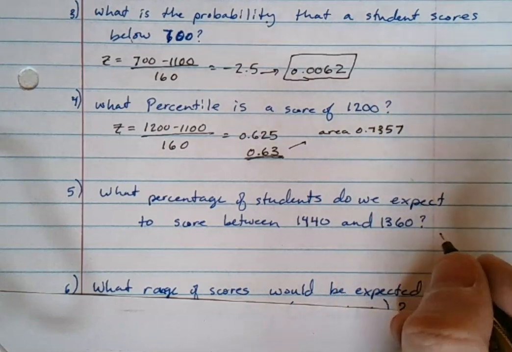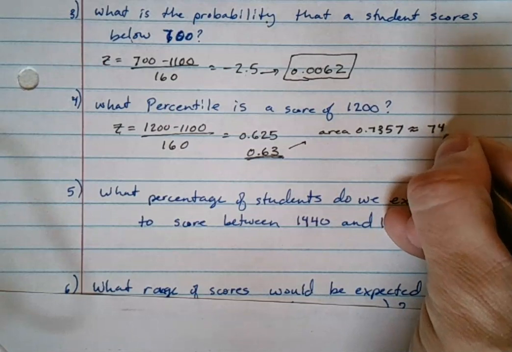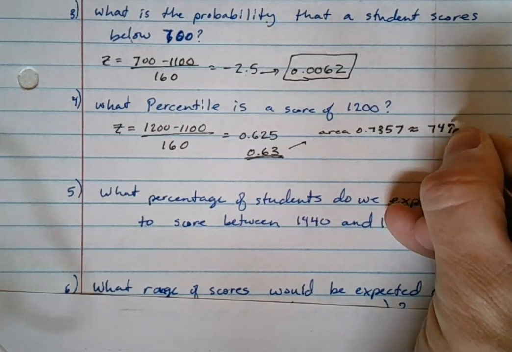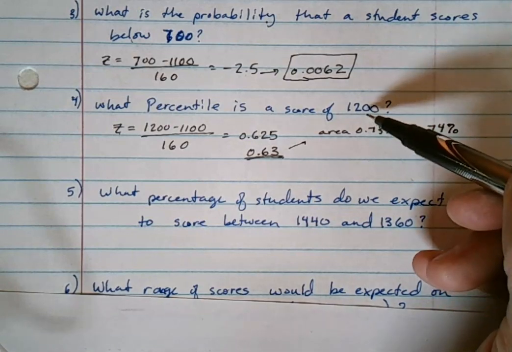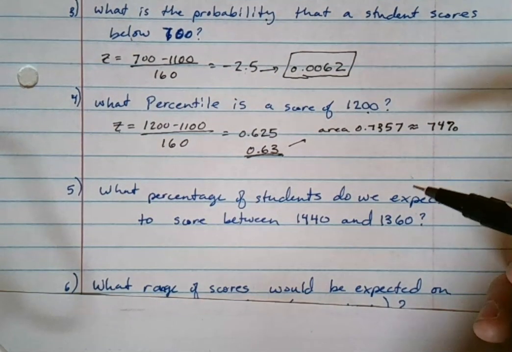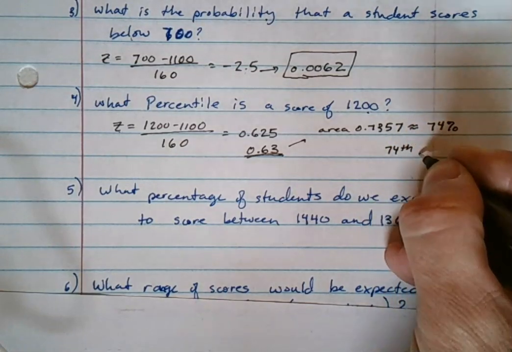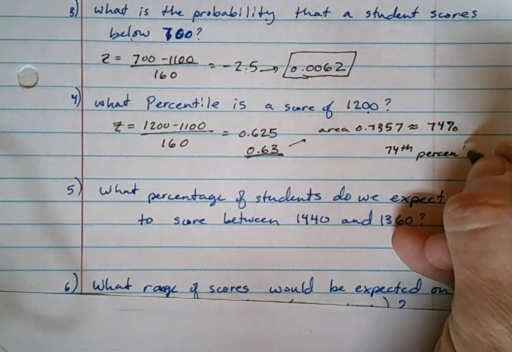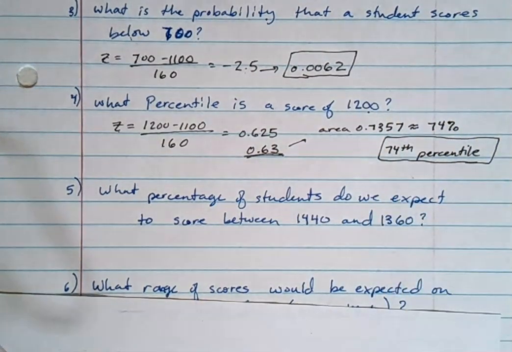Now, if I told you we're going to basically call this what? It's basically 74%. If I told you 74% of data was below this score, then you would tell me that this is the 74th percentile. And that is actually pretty easy to find.